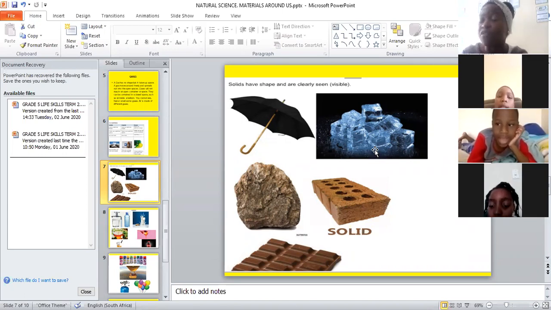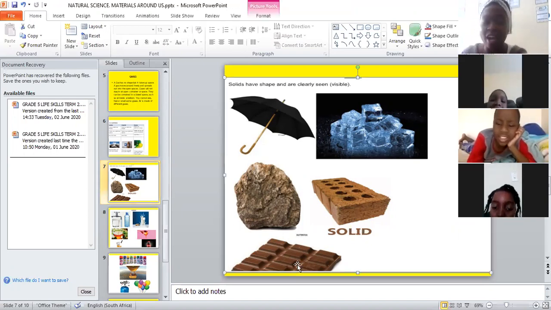It also falls under solids. But remember, ice can melt. Number three, rock. And then number four, brick. And then number five, chocolate. I wish I could have one now.